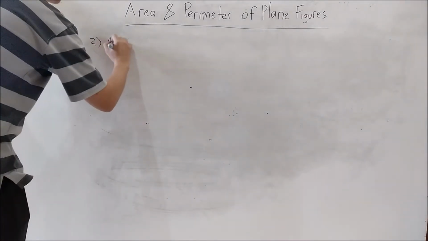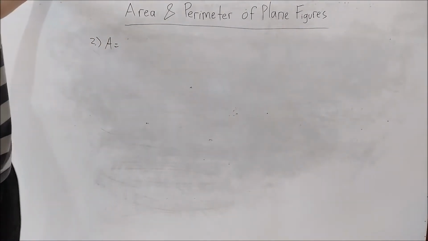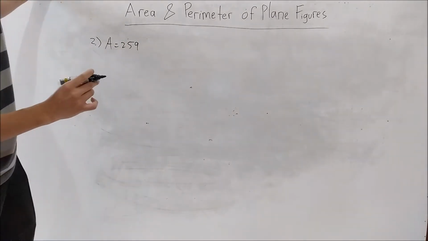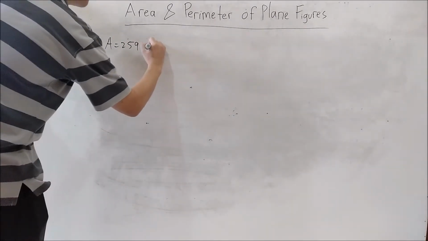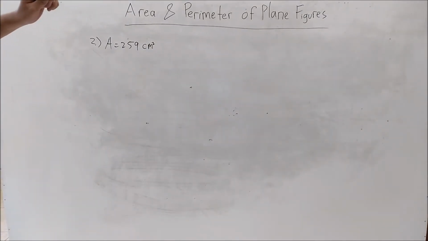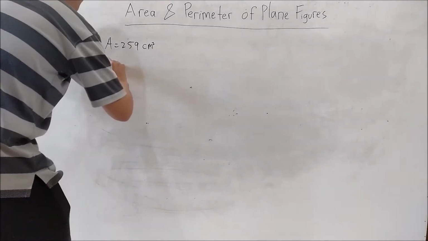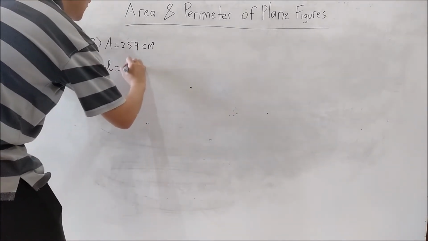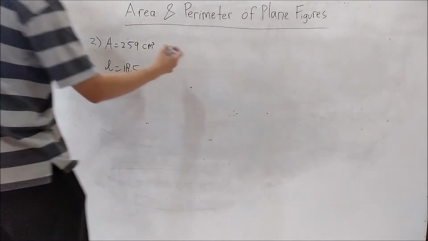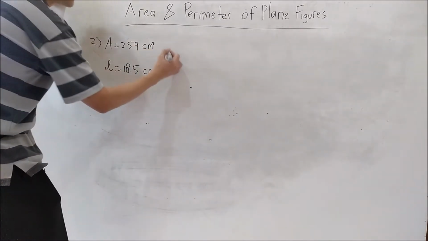We know that the area of a rectangle is 259 centimeter square and its length is 18.5 centimeter. So we can even draw it if we want to.